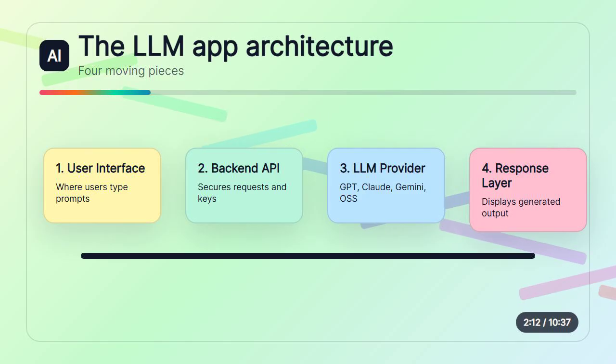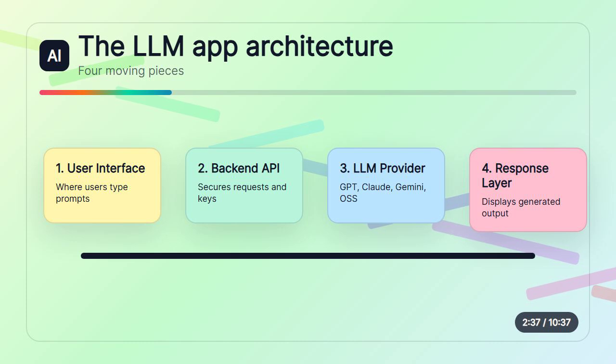This could be GPT, Claude, Gemini, or an open-source model served through an inference provider. Fourth, the response layer. This displays the model's generated output in a way the user can understand and act on. Once you understand these components, you can build almost any AI product.